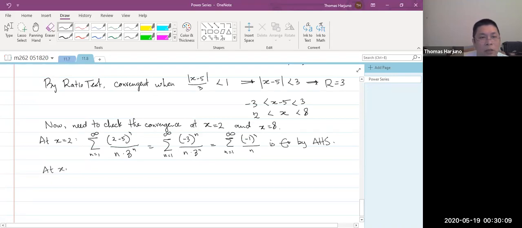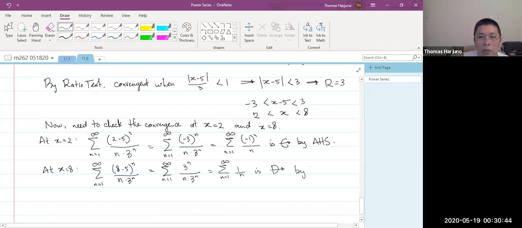And when x equals 8, simplify, I get 3 to the n over n times 3 to the n, and that's the harmonic series, which diverges.